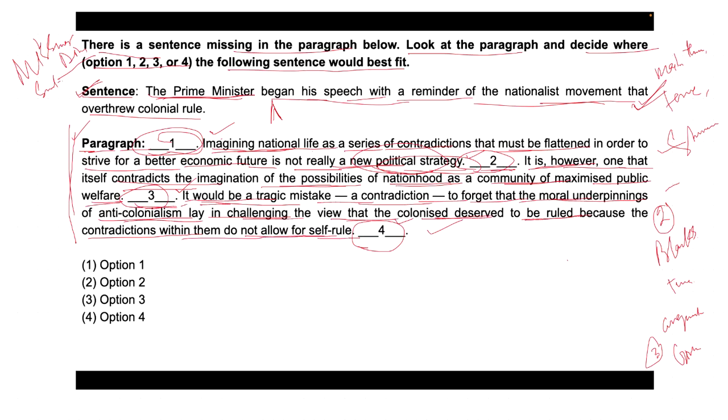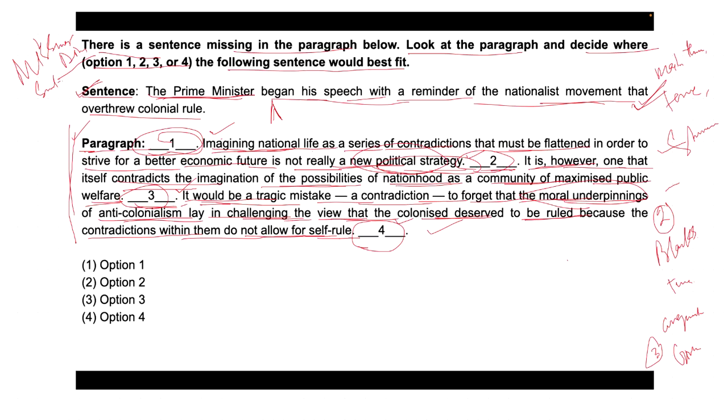So you can say that it discusses the moral underpinning, or the moral foundation of anti-colonialism, right? It also warns against forgetting the roots of the movement, right? So in that case, we can talk about blank three, which is indicating the moral foundation of anti-colonialism and warning against forgetting the roots of the movement.